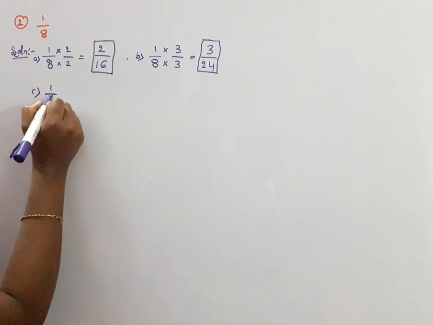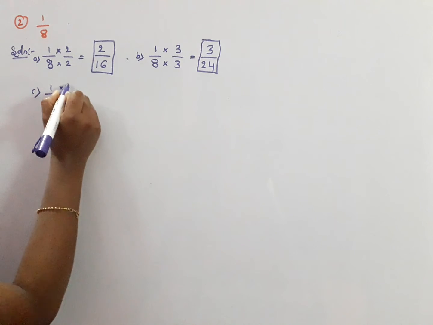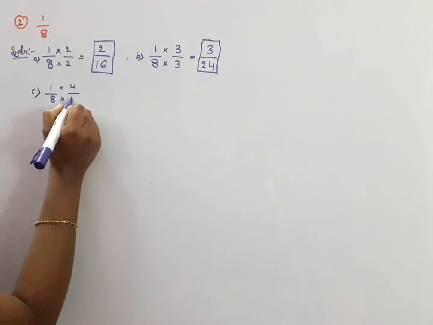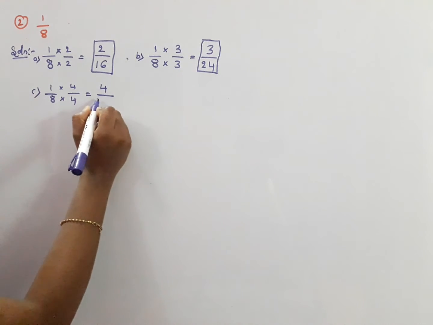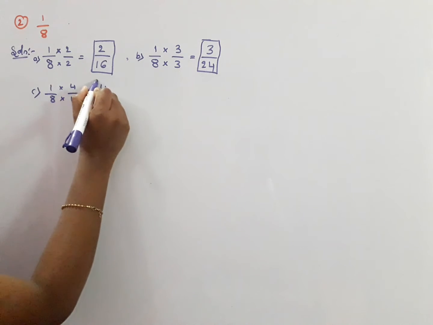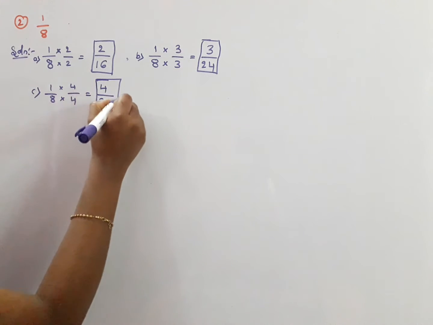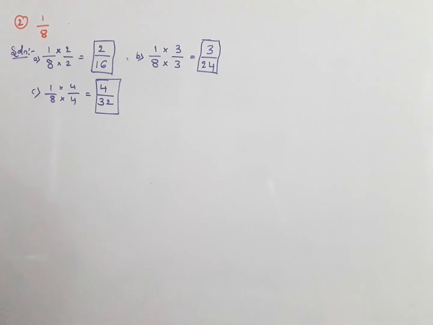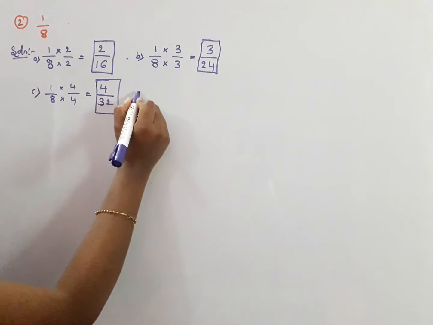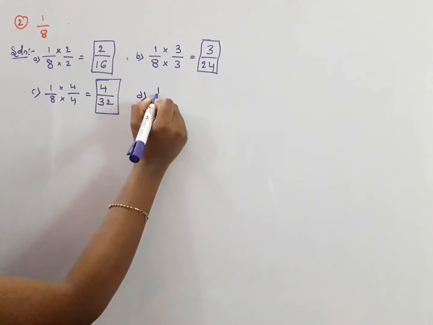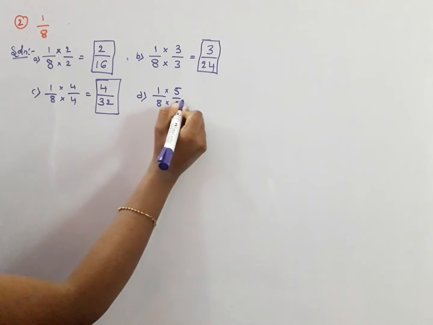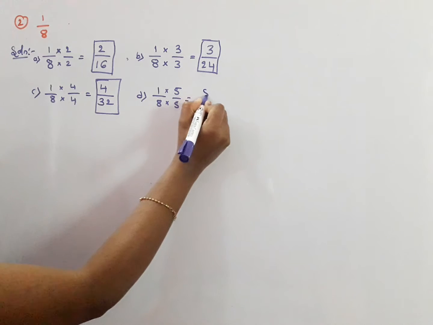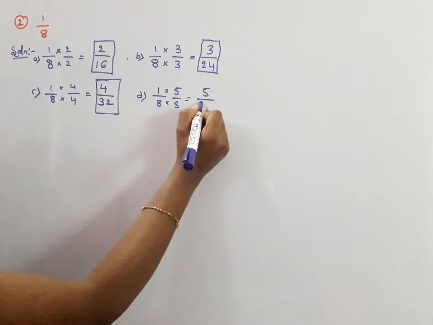The third one, 1 by 8, now multiply with 4. 1 fours are 4, 8 fours are 32. This is the third equivalent fraction of 1 by 8. Then the fourth one, 1 by 8, now multiply with 5. 1 fives are 5, 8 fives are 40.